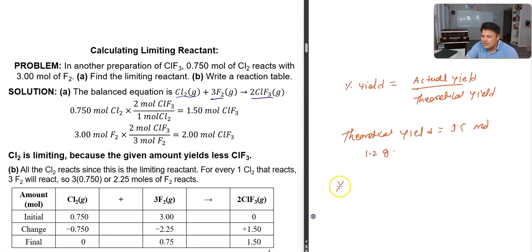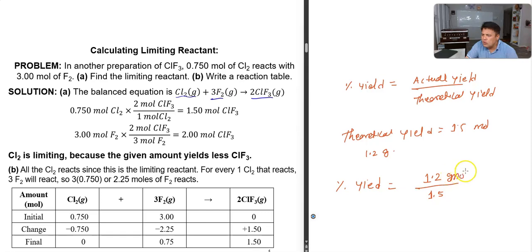So what is the percentage yield? Percentage yield is equal to how much you get: 1.2 grams in your laboratory, Chem 122 room, right? Fox building, room 221, you did the experiment there and you got 1.2 grams. But theoretically you should have 1.5.